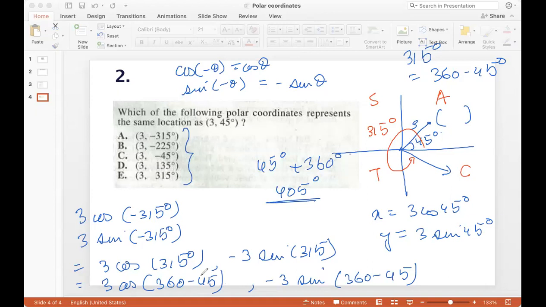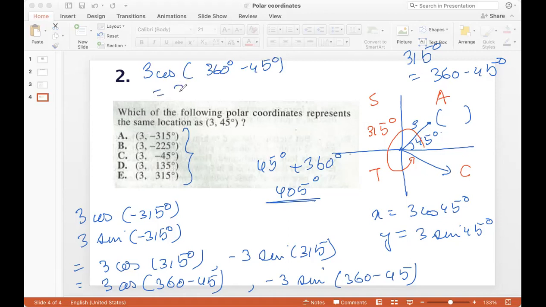So when I write 3 cos of 360 minus 45, that's just 3 cos 45, right? And that is what I wanted for x. So x is no problem.